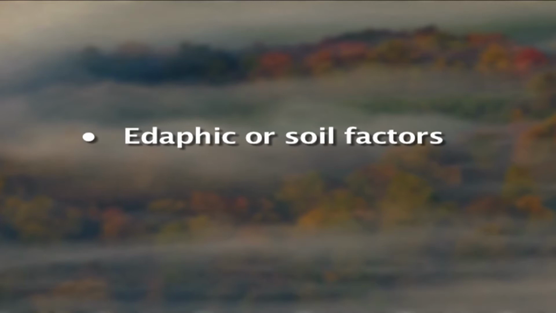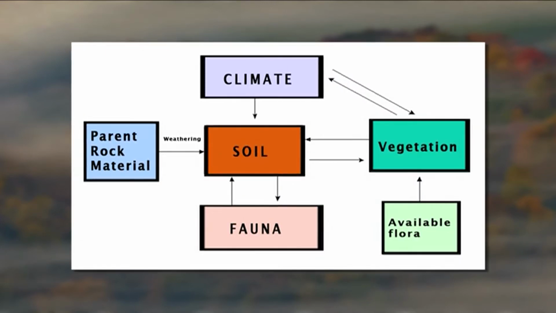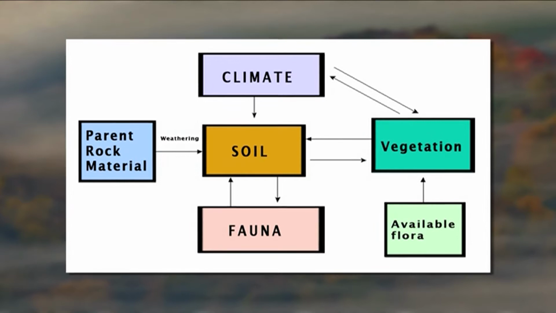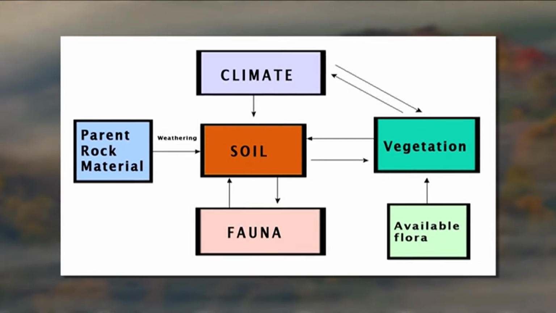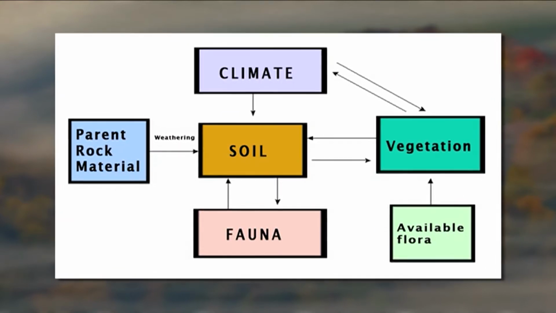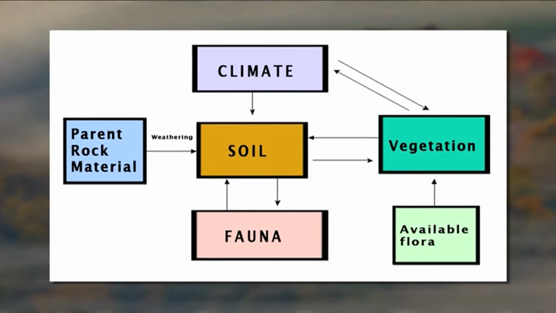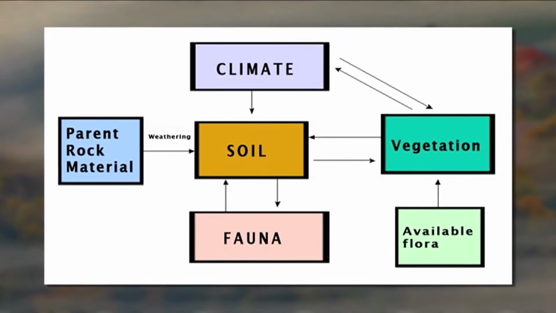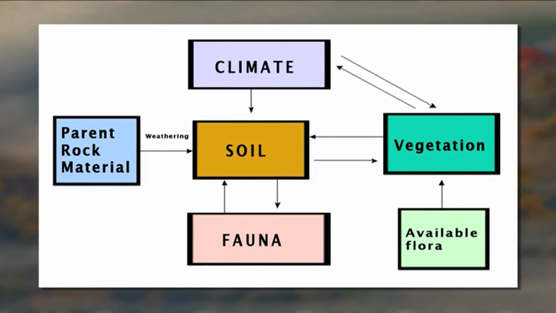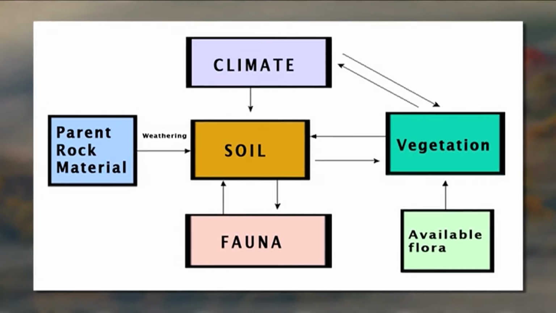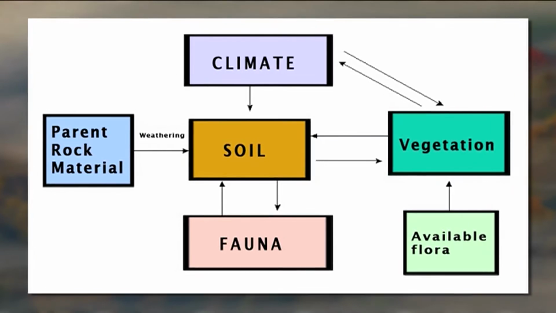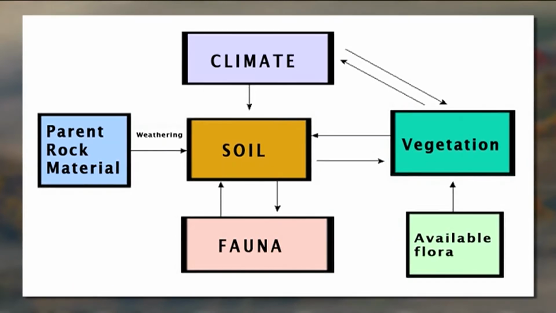Now, the second class of abiotic components is the edaphic factors or soil factors. Soil is the major source of nutrients and moisture in almost all the land ecosystems. Soil is formed when a rock weathers. The rocks break down into a collection of different inorganic or mineral particles.